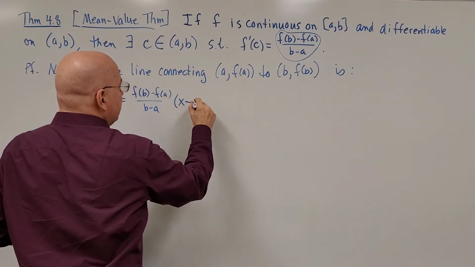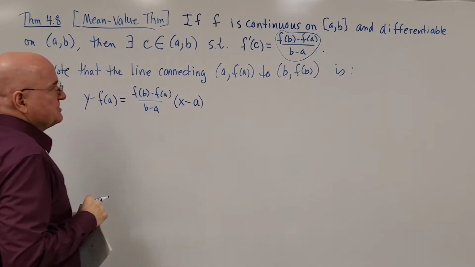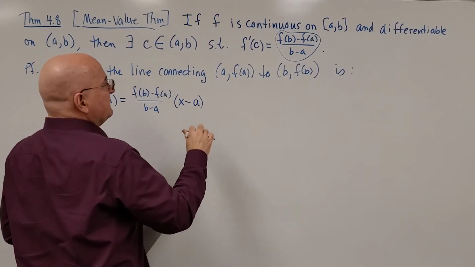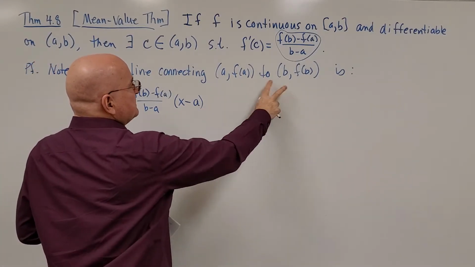And our x1 is a. So that's just the point-slope formula for the line that passes through both of these points.